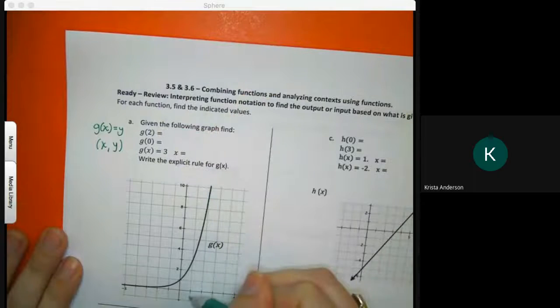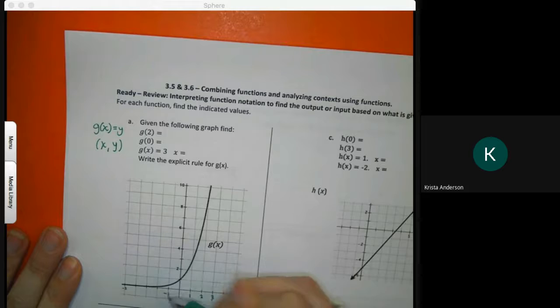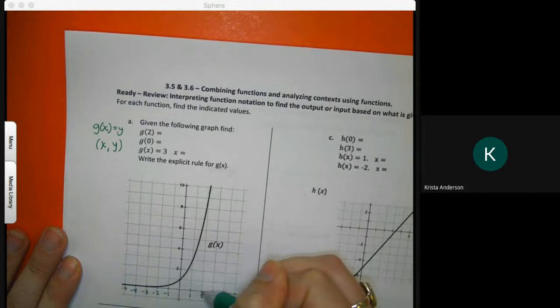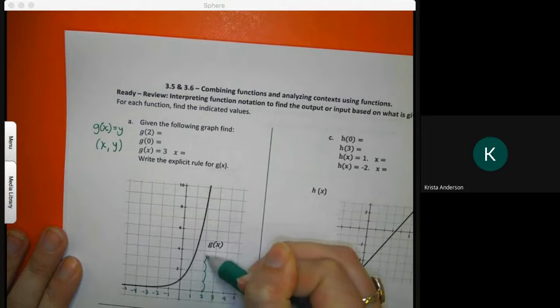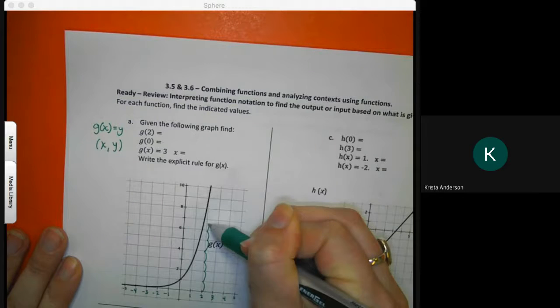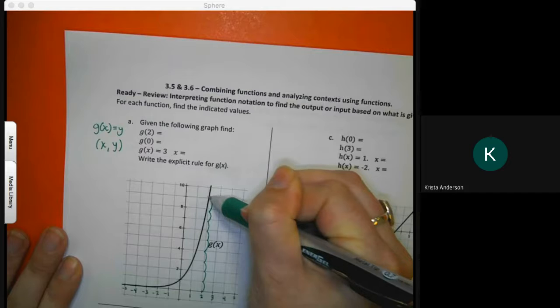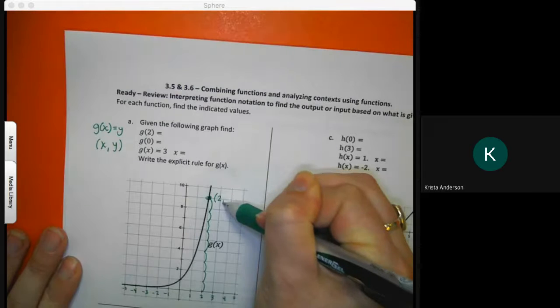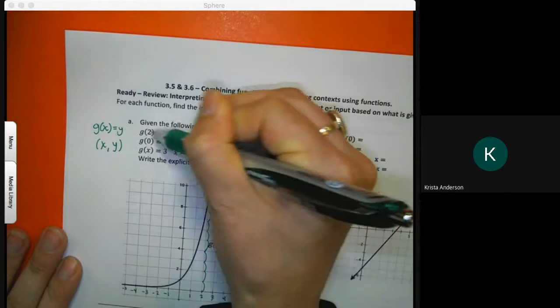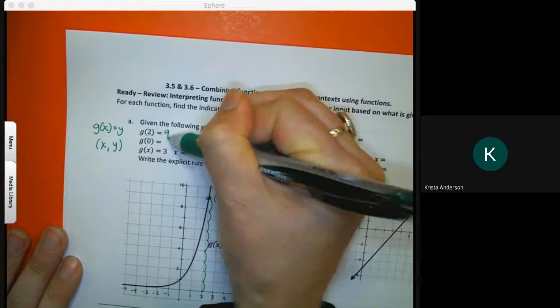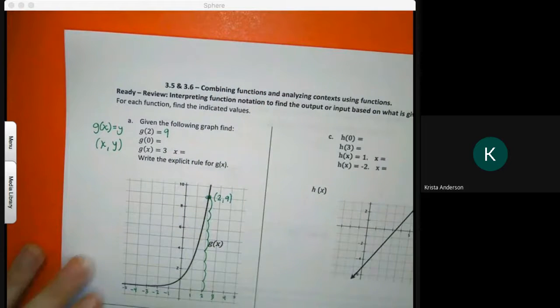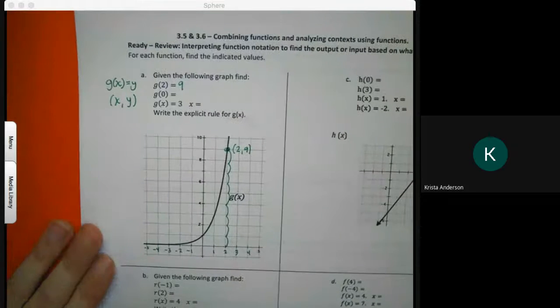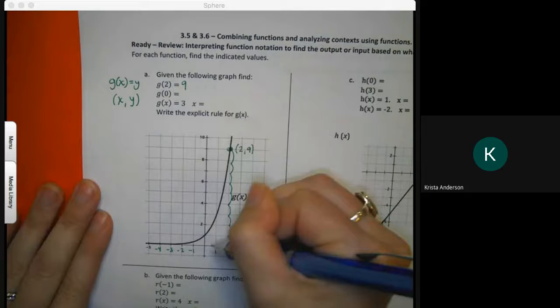So 2 is up 1, 2, 3, 4, 5, 6, 7, 8, 9. 2 is up 9. So I would say that g of 2 is equal to 9.